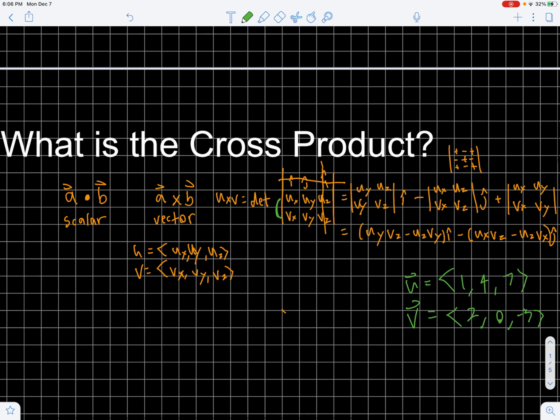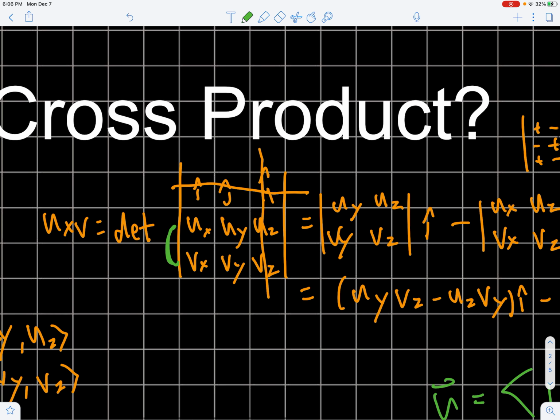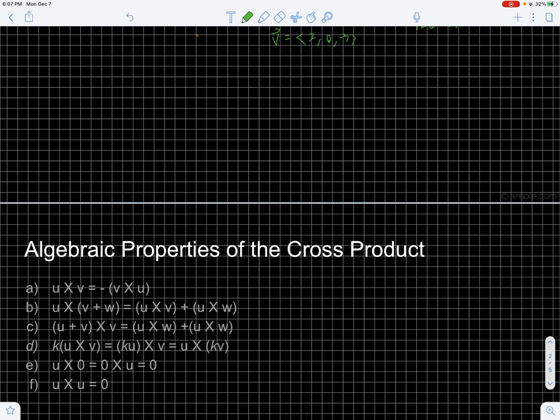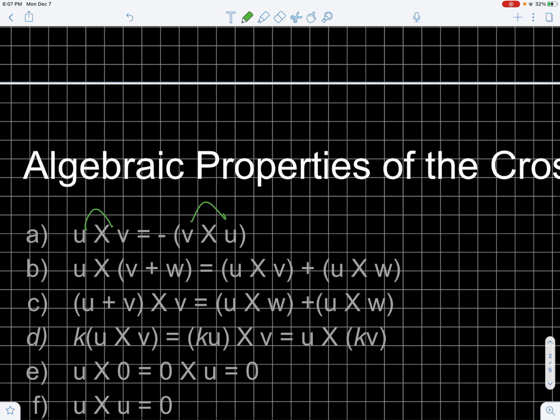That's why if you flip the positions of these two vectors, you get the negative cross product. So the cross product is not commutative.